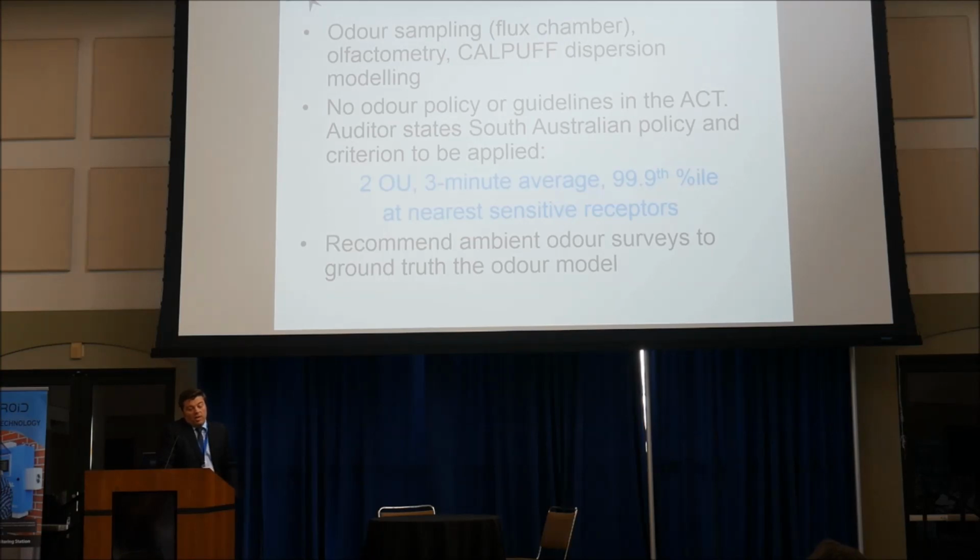As I mentioned before, the odour guideline in South Australia was used: 2.5 odour units, 3-minute average, 99.9th percentile. The 99.9 is usually used to get rid of the top 8 or 9 events, allowing for model error. A 3-minute average is a pretty small averaging period for 2.5 odour units, so it's a pretty strict guideline.